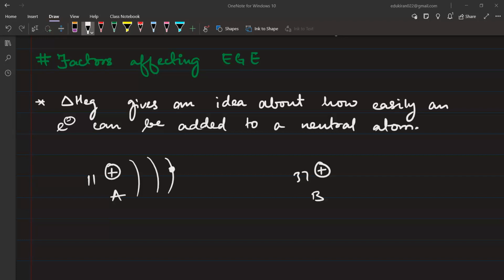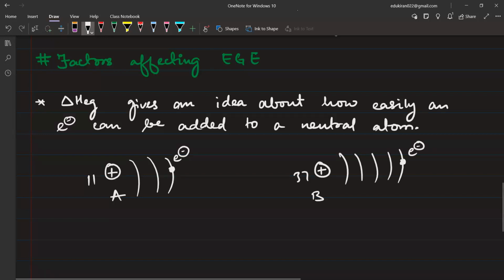And with atomic number 37, we have 1, 2, 3, 4, the fifth shell, I think. So it will have 5 orbits, and the incoming electron goes into the 5th orbit. Now you tell me which electron will be happier, that means which electron will get more attraction, A or B?